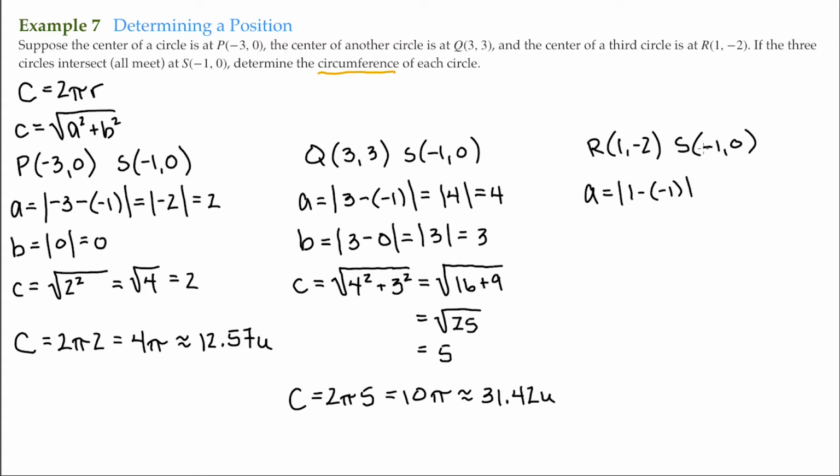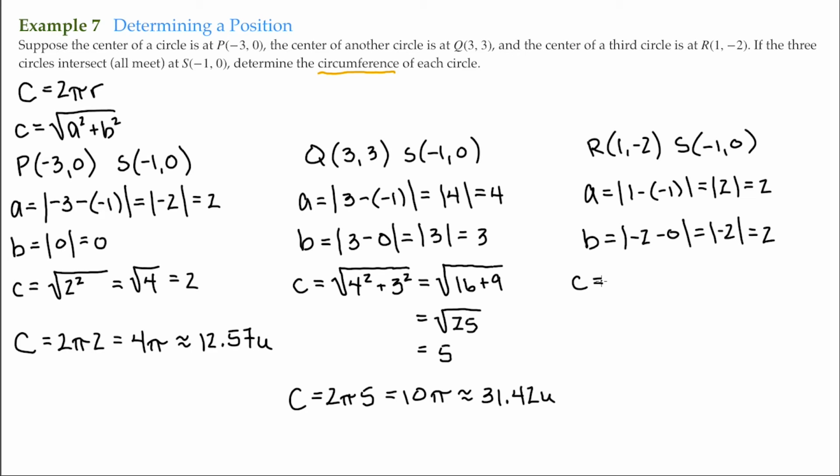Don't forget that's this one here. Is 2. B is the absolute value of the difference of the y-coordinates. That's -2 minus 0. That's the absolute value of -2, and of course the absolute value of -2 again is 2.